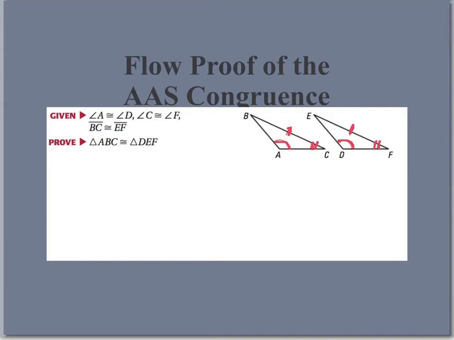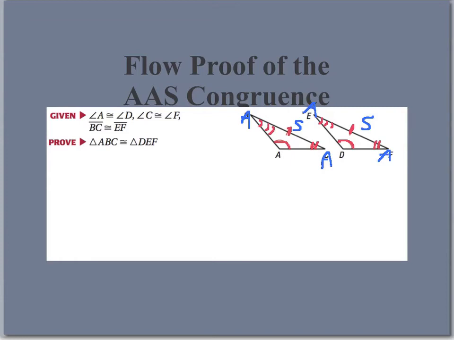So we need to figure out a way to get that other angle. Okay? So let's take a look at the flowchart proof. If we can get that other angle, namely angle B congruent to angle E, we could now use the angle-side-angle congruence postulate.